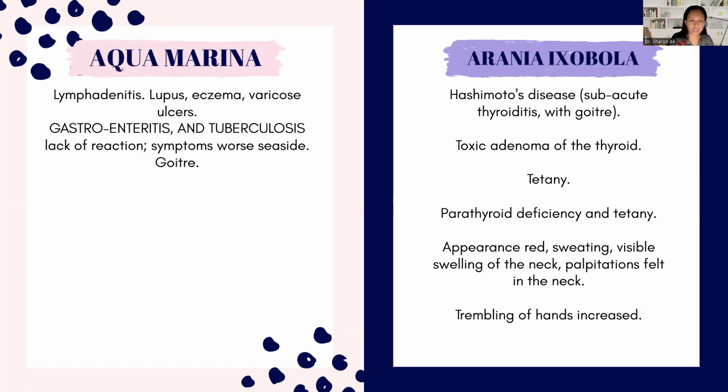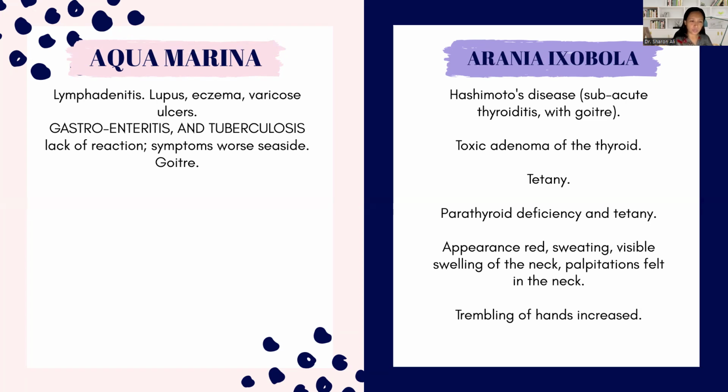Usually most of these remedies, like if you had natrum mur, they'd be better at the seaside, right? But goiter worse at the seaside is aqua marina. Goiter better at the seaside can also be bromium. So a lot of these goiter remedies or thyroid remedies are sensitive to the sea. So they'll either be better or worse over there. Okay.